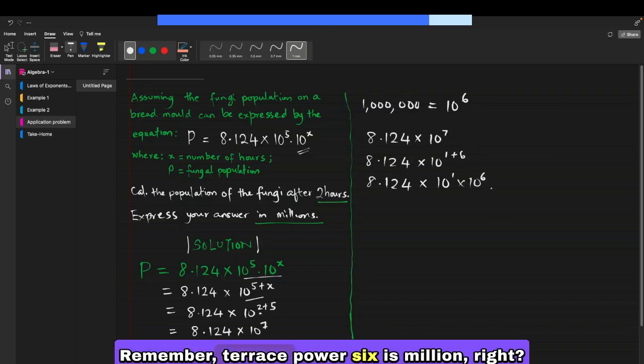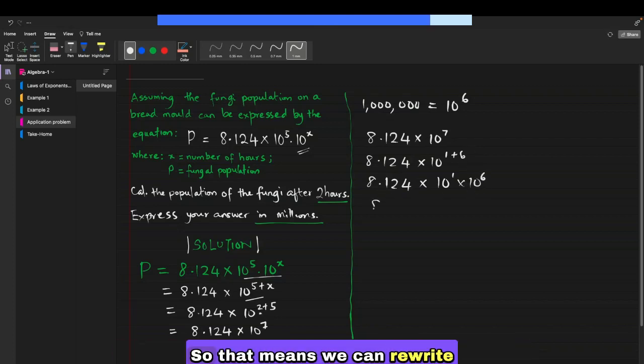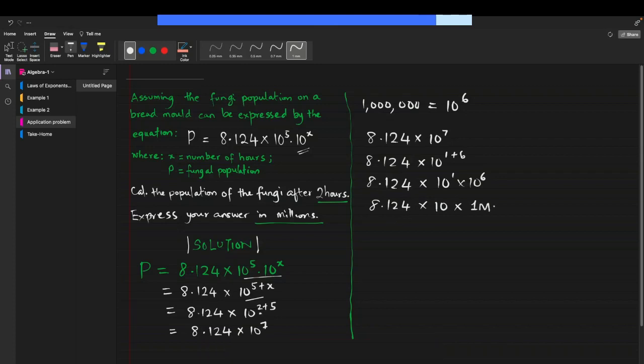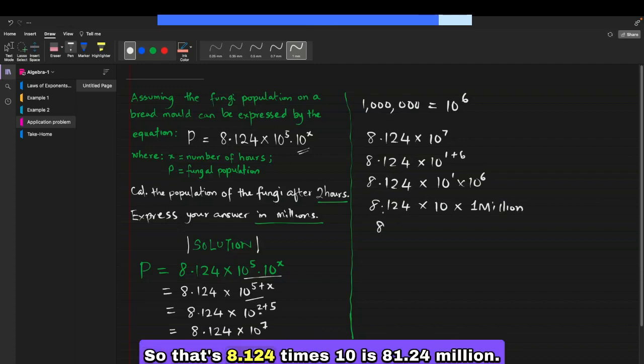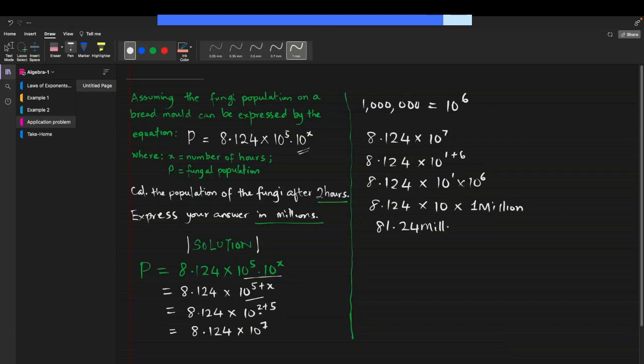Remember, 10 raised to the power 6 is a million. So we can rewrite this as 10 times 1 million. So that's 8.124 times 10, which is 81.24 million.